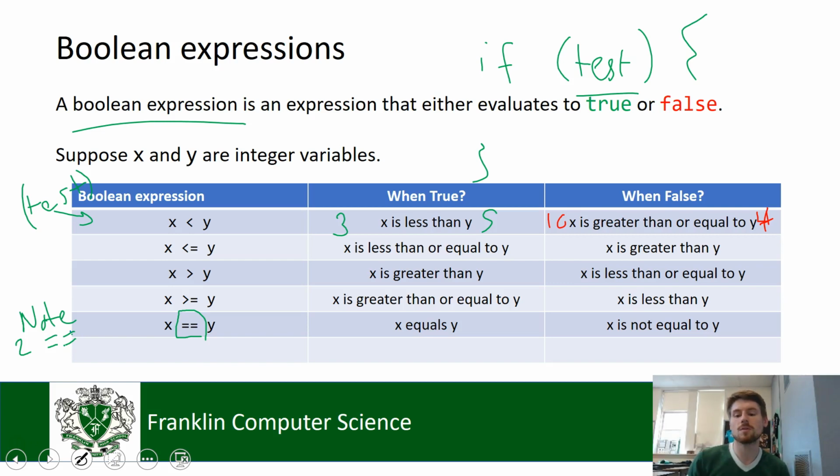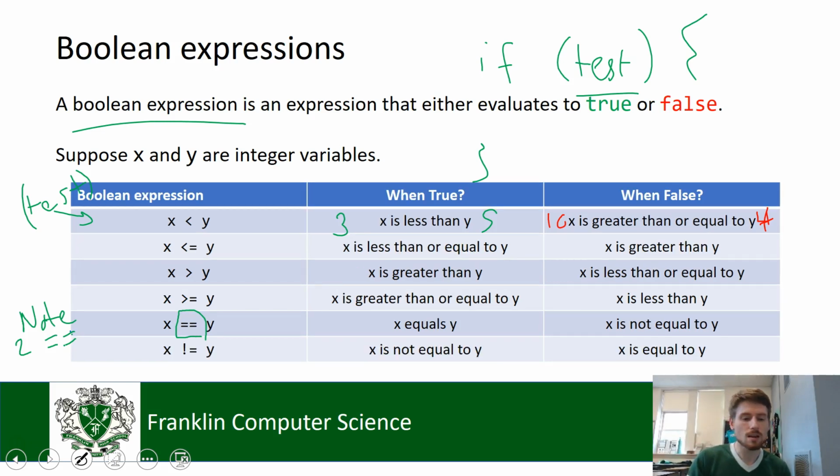The double equals is how you compare two numbers for equality, and the single equals is how you assign a value to a variable. So make sure you're not accidentally assigning when you want to be checking for two things to be equal to each other. It's true when they're equal and false when they're not.